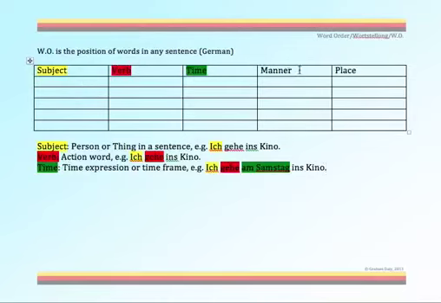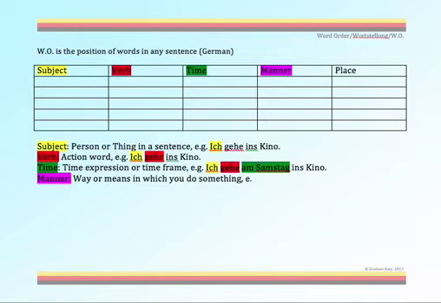Now we're going to move on to the manner. We're going to bold that and put it in purple, and also put it down here. So what is the manner? It is the way or means in which you do something.